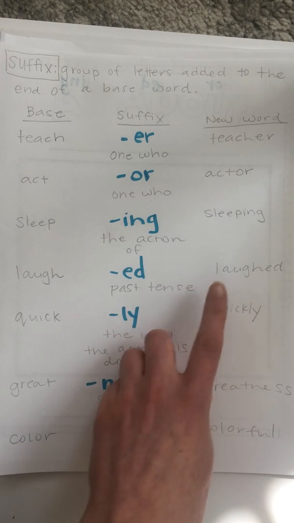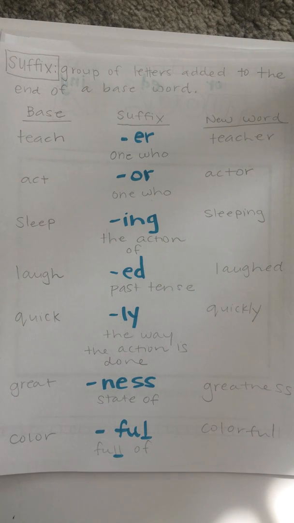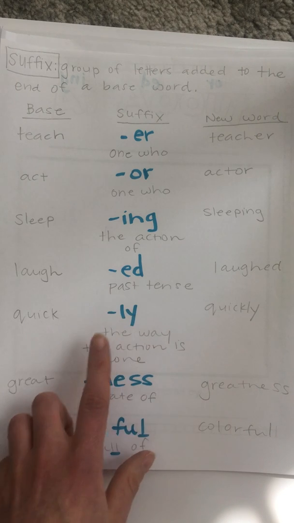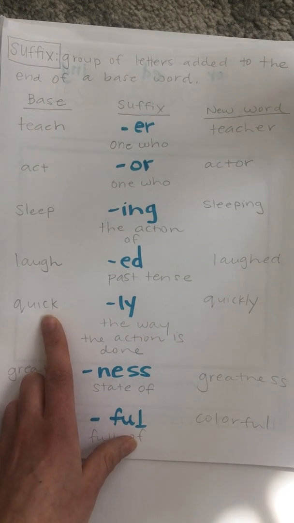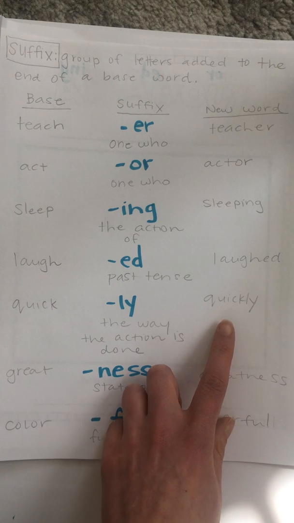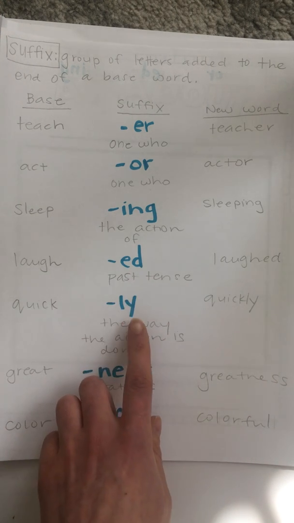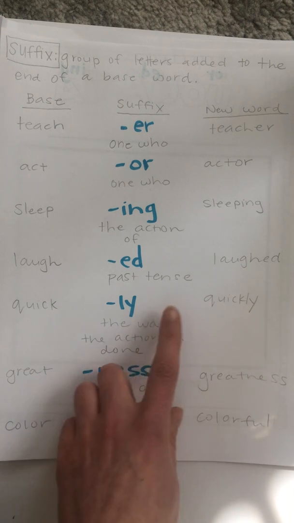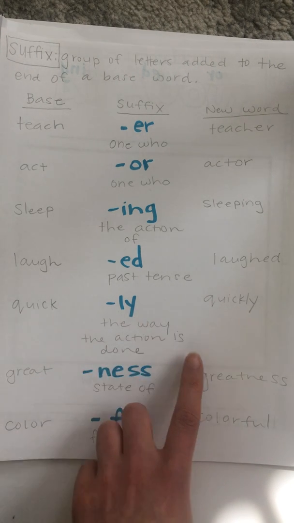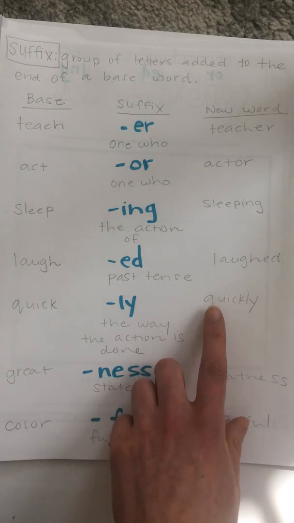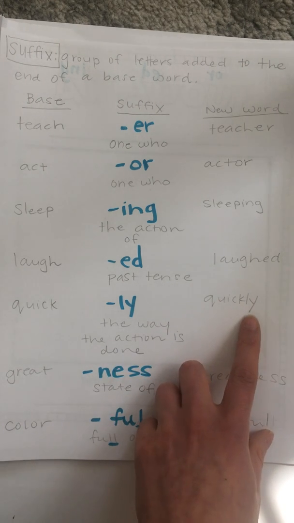I get laughed, and we all know that that's just the past tense meaning, so it means that it's something that already happened. My next base word is quick. My ly ending is quickly. Okay, we talked about how when you add an ly to the end of the word, it usually makes it an adverb because it's the way the action is done. It was done quickly, okay?